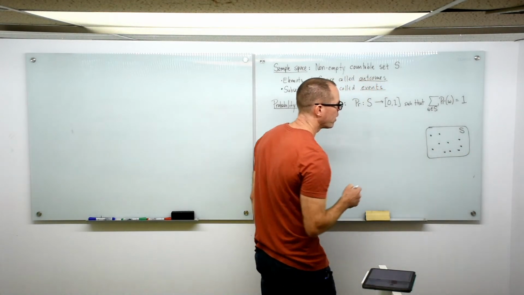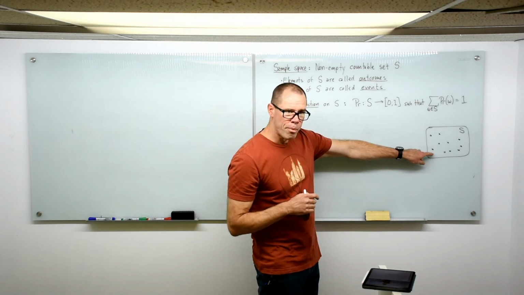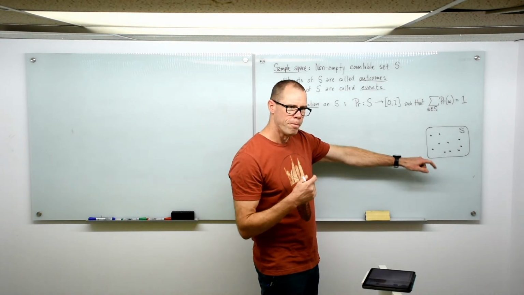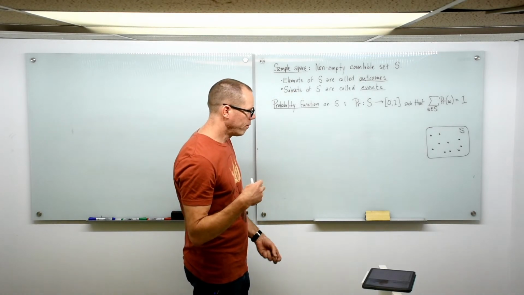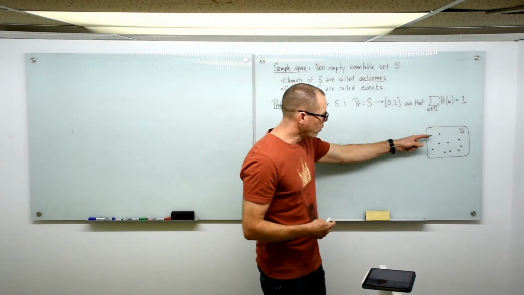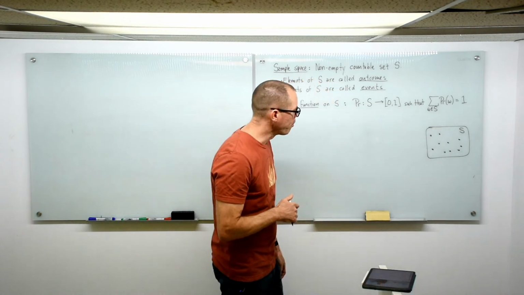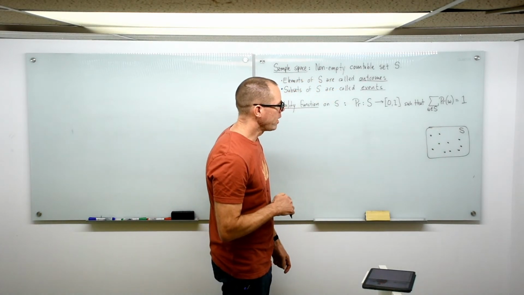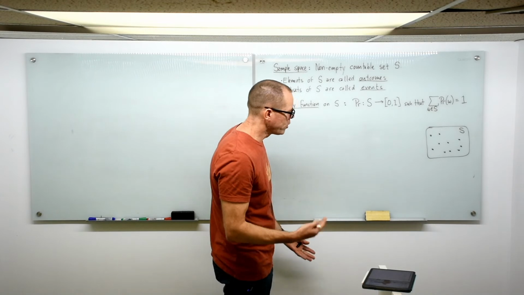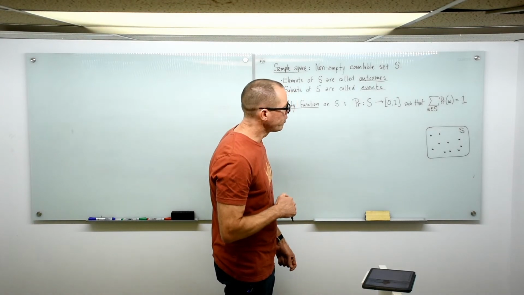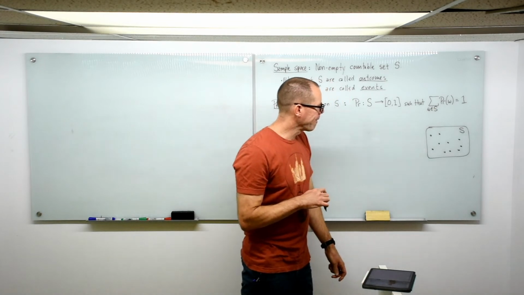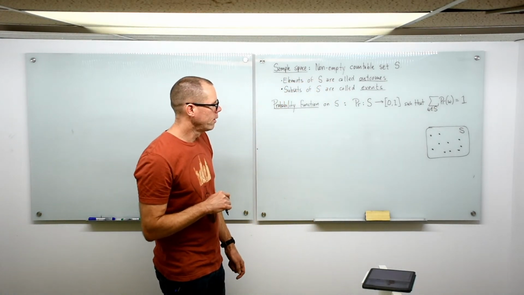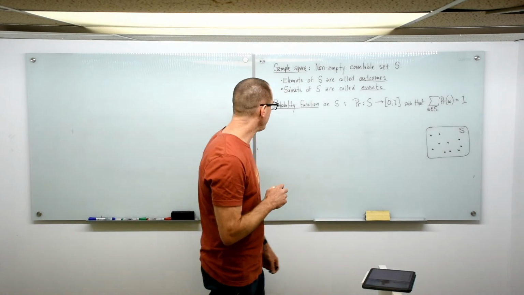Each one of those outcomes has a likelihood of happening, a number between 0 and 1. But if I run the experiment, then something happens. So one of the things in S has to happen, which just means that all of those probabilities add up to 1. Okay. All right. So that's a probability function.